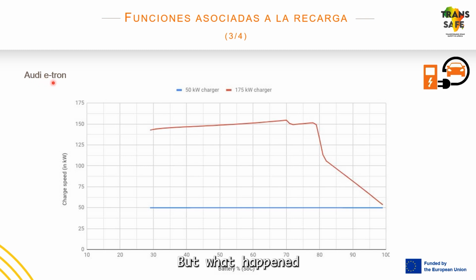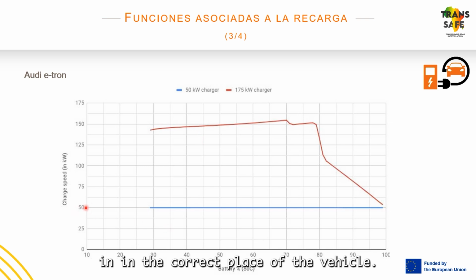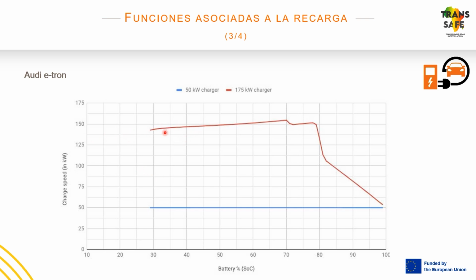But what happens if you do it the wrong way? For this kind of process, you need to position the charger in the correct place on the vehicle. If not, the charging process is not going to start. Let's see another example.